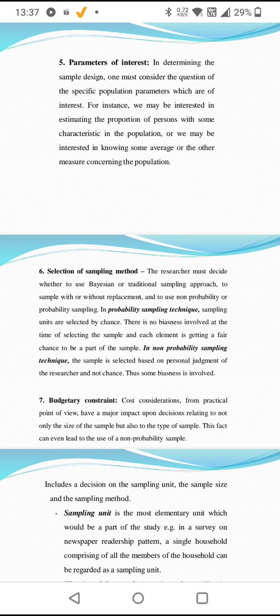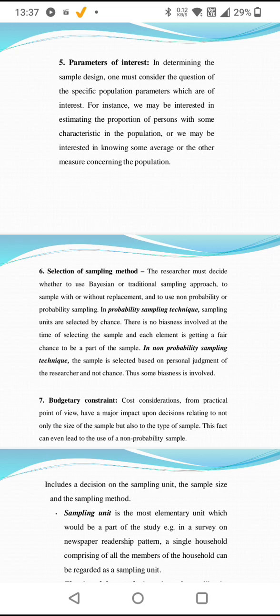Criteria of selecting a sampling procedure. So what are the different criteria? See, a researcher must remember that 2 costs are involved in a sampling analysis. That is, the cost of collecting the data, and the cost of an incorrect inference resulting from the data. So the researcher must keep in view the 2 causes of incorrect inferences, that is systematic bias and sampling error.